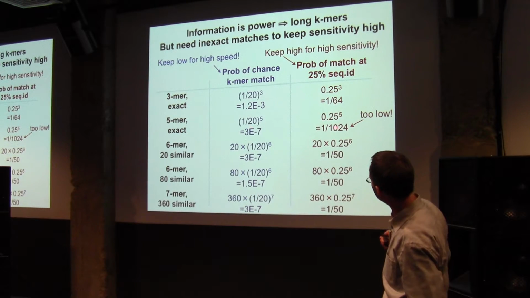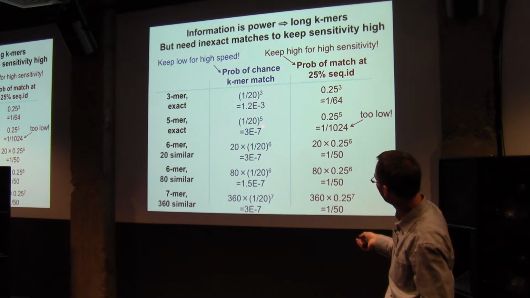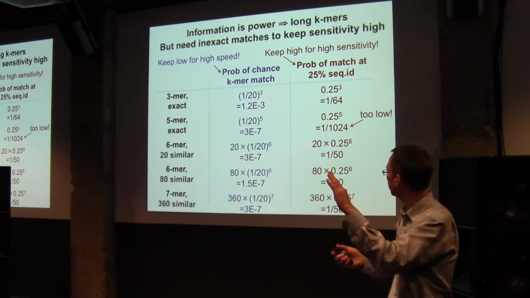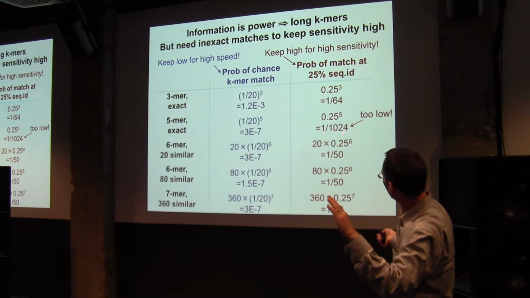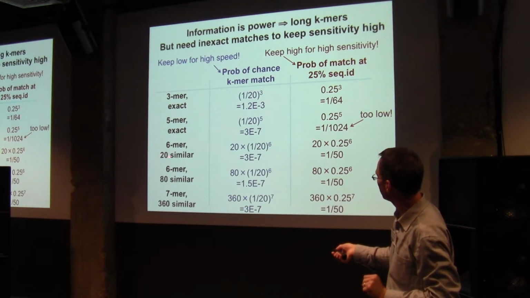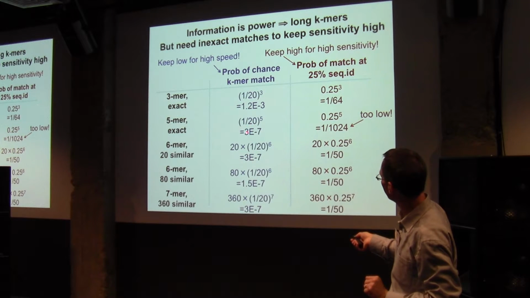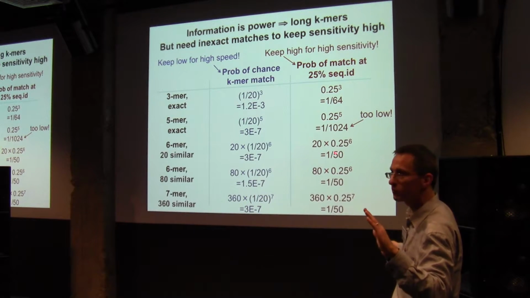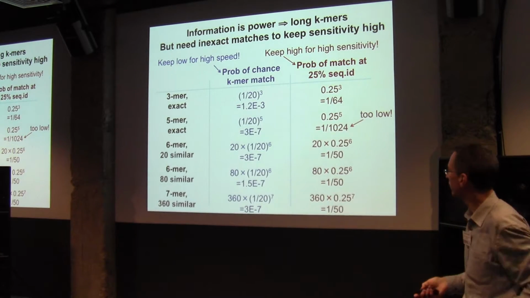Now if you take an exact 5-mer match, you go down from 1.2 times 10 to the -3 to 3 times 10 to the -7. And with the probability of a match for homologous sequences, you go down to 1/1000. Now this is too low, as I said, but now you take the similar ones, you go to 6-mers, but you look at a list of 20 similar ones, then you are back actually at 3 times 10 to the -7 for the probability of a chance match, but you're at 1/50 for the probability of a match for homologs. So that's the trick.